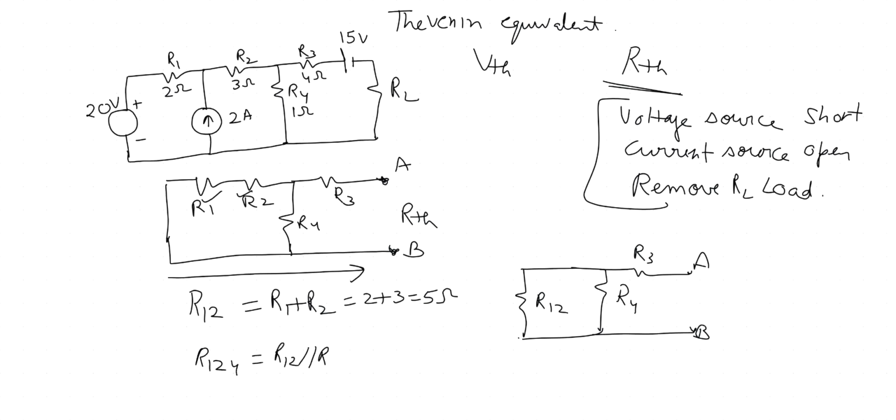R1,2 we found 5, R4 is 1 ohm. So that means 5 times 1 divided by 5 plus 1. That gives me 5 divided by 6, which gives me 0.83.